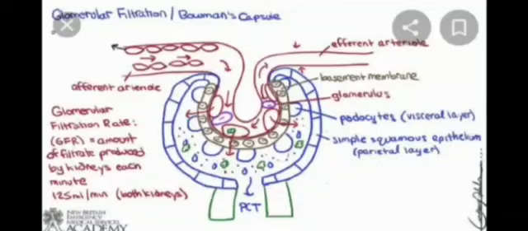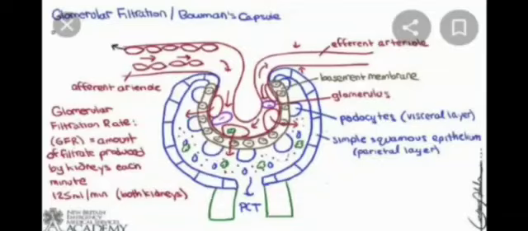The outer layer or the parietal layer is made up of simple squamous epithelium, and the inner membrane or the inner wall, known as the visceral wall, is made up of podocyte. The podocyte rests on foot-like process called the pedicel.